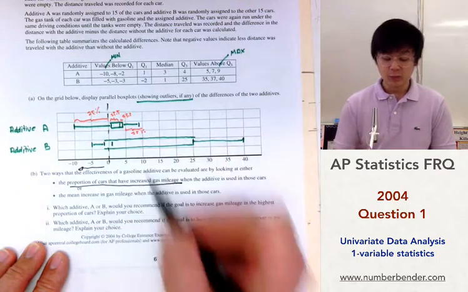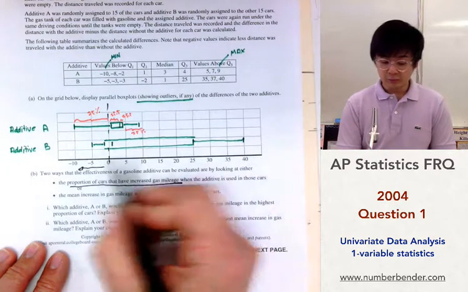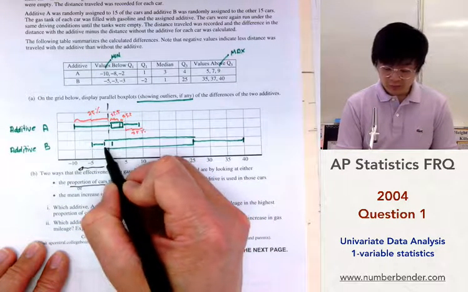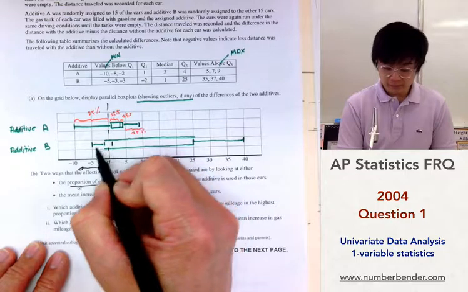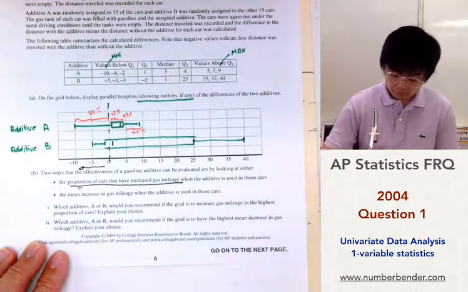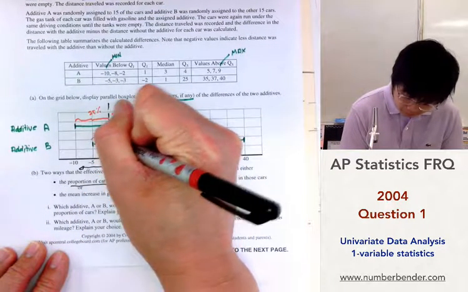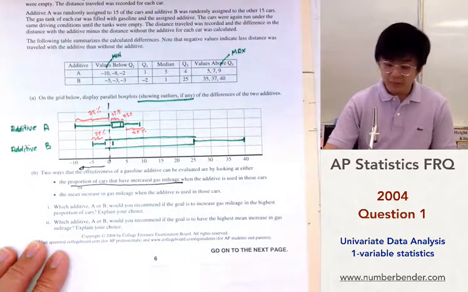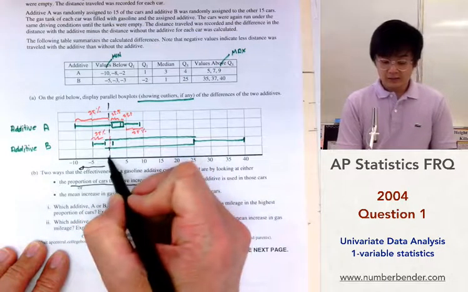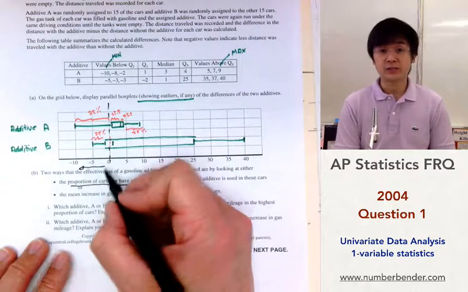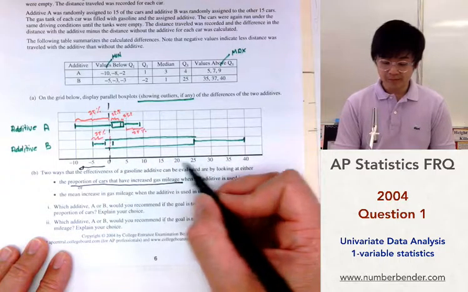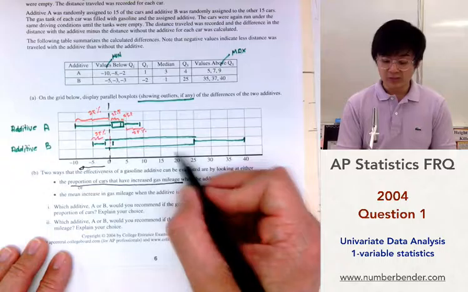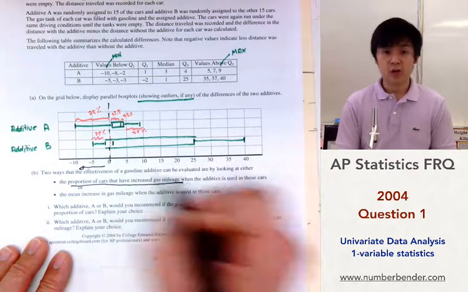So in this case, we would choose A instead of B, because you will notice at B, this is 25%, and slightly above 25% of cars gives you negative differences, which means there's no increase in gas mileage in additive B when they use it for this group of cars.